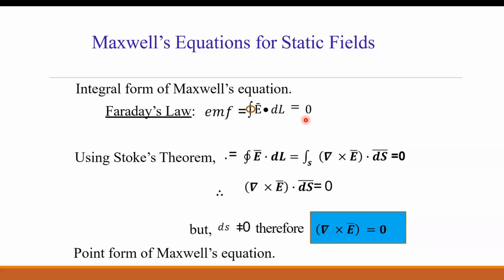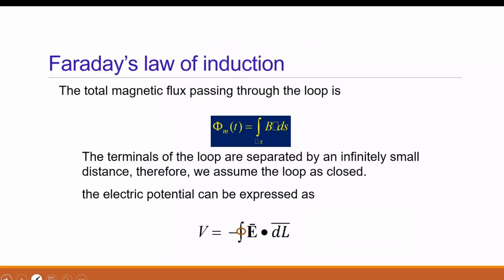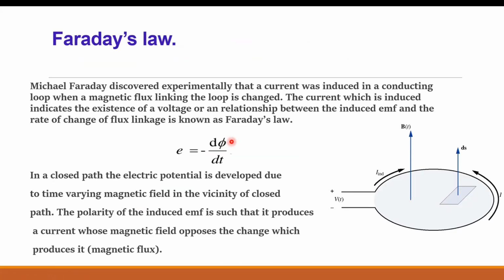If the path is open, or if we are able to take the voltage outside, then it has some value. But for a static field, meaning if the current is not changing with respect to time, if phi m is not changing with respect to time, then obviously E is equal to 0.